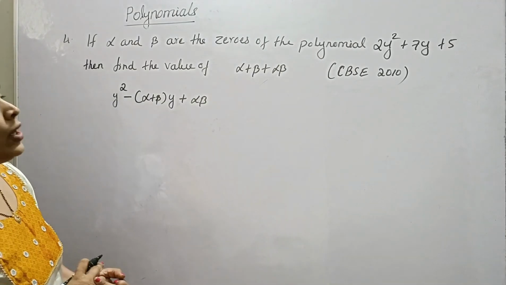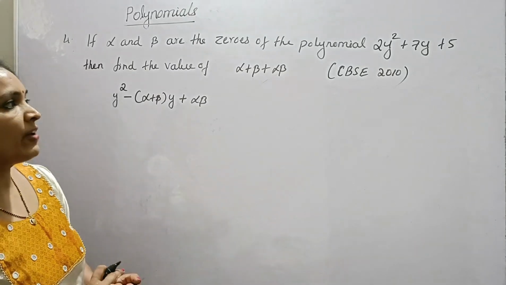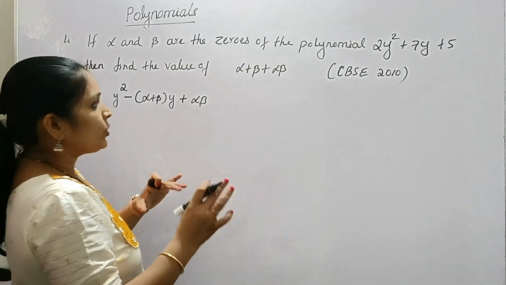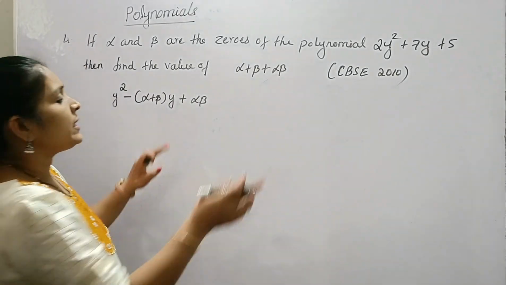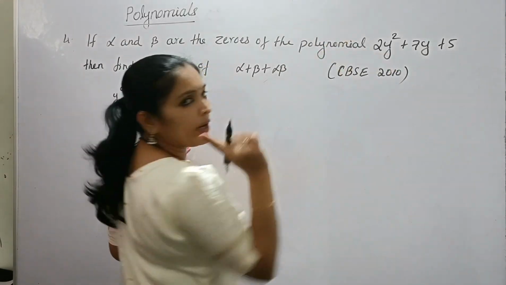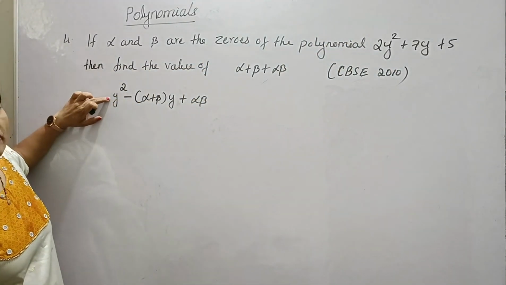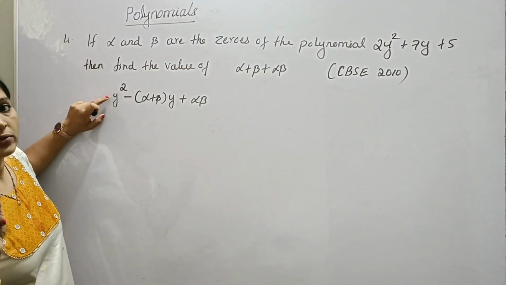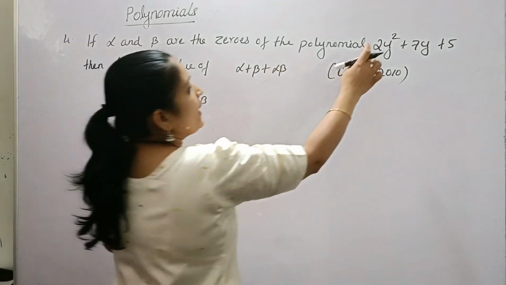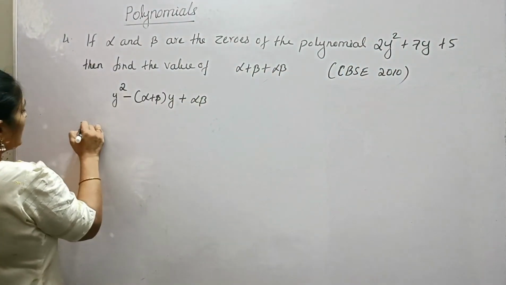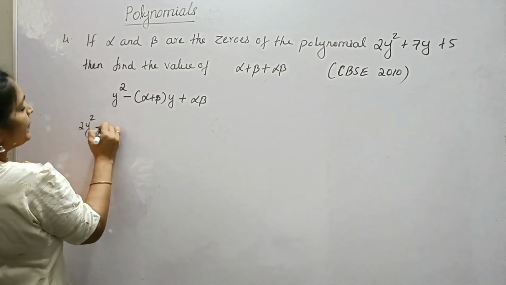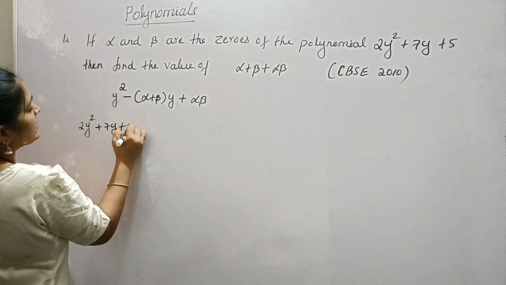So the given polynomial is 2y square plus 7y plus 5.